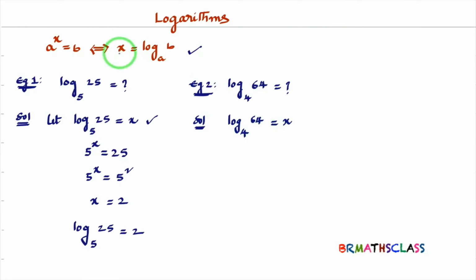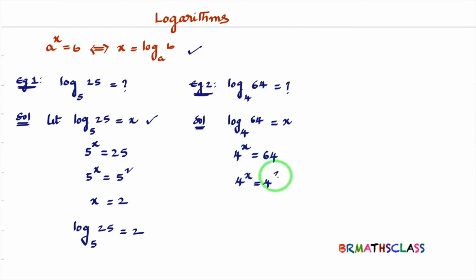As per the definition, when you see an expression of the form x equal to log b base a, it can be written as a power x equal to b. So how can we write this? It is important. You take this base 4 power x: 4 power x equal to 64.